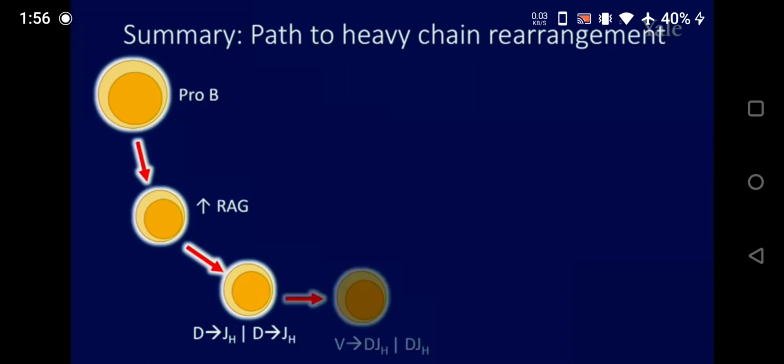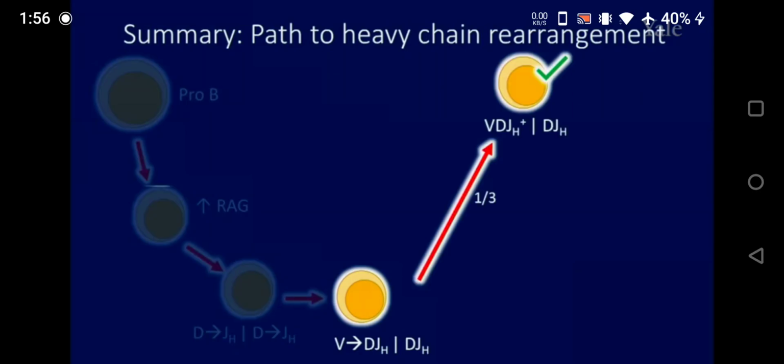Then the recombination between the V to DJ at one allele will proceed. At this point, it's happening sequentially, but not at both alleles. In the event that we have a successful, in-frame rearrangement that allows for expression of the heavy chain in combination with the surrogate light chain on the cell surface, this cell will be able to move on to the next stage of development.